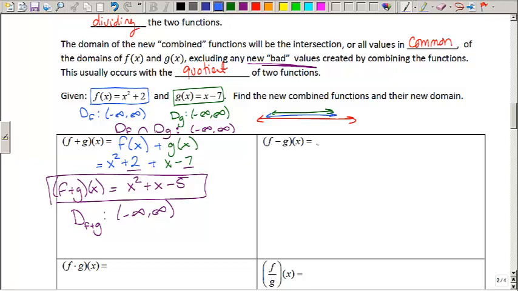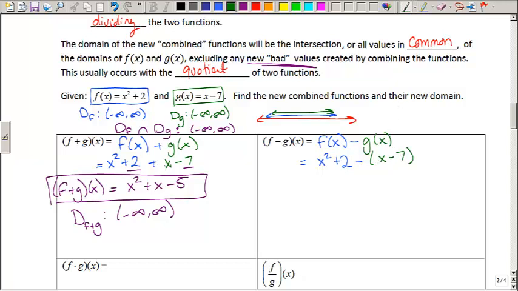For f minus g of x, using my definition, I have f of x minus g of x. The f of x is x squared plus 2, minus x minus 7. Notice I put x minus 7 in parentheses because I have a minus here. Because I have a minus, I'm subtracting all terms of g of x, which is why I use the parentheses.